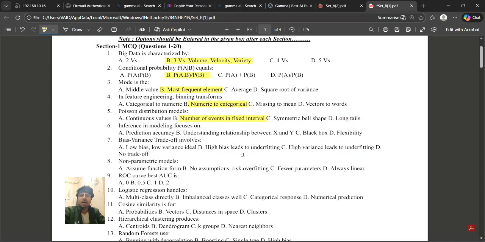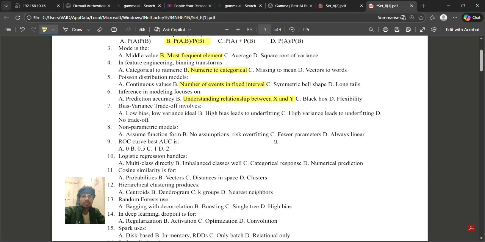Inference is about explaining why and how variables are related. For example, understanding how education level affects income, not just predicting income. So our answer is B, understanding the relationship between x and y.